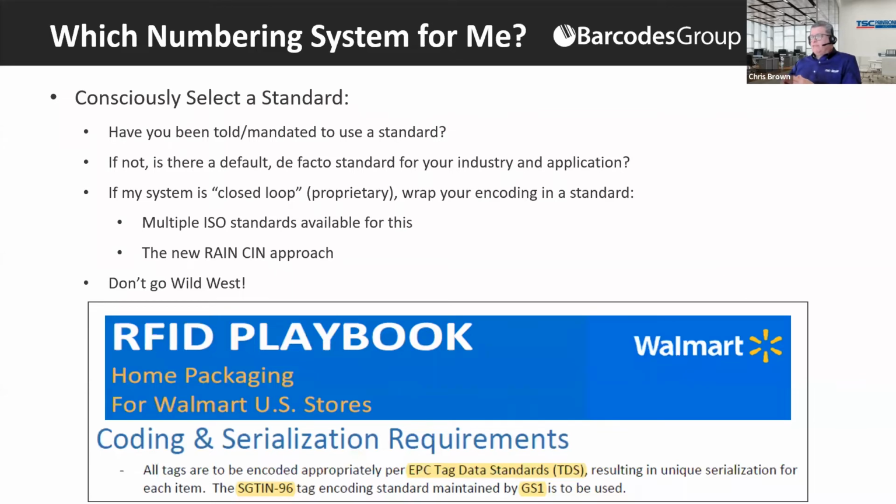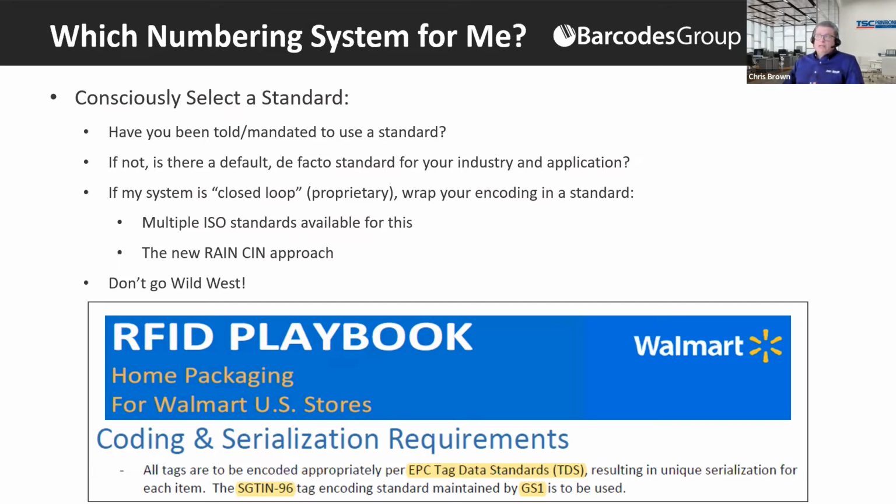If you look at the graphic at the bottom, that's a screenshot from one of Walmart's RFID playbooks. In this case, their particular playbook for home goods. And you can see highlighted in yellow there, they say, if you are encoding tags for us, for Walmart, they must be encoded using GS1's EPC tag data standard, specifically the SGTIN-96 encoding scheme.